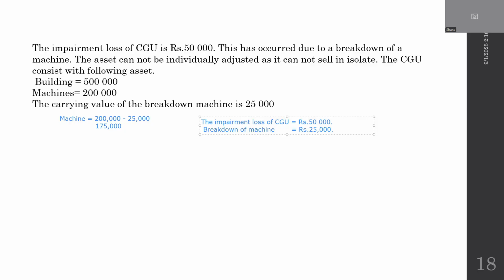So then the balance amount is also 25,000. But now we don't know whether this 25,000 loss is from the building or the machine.